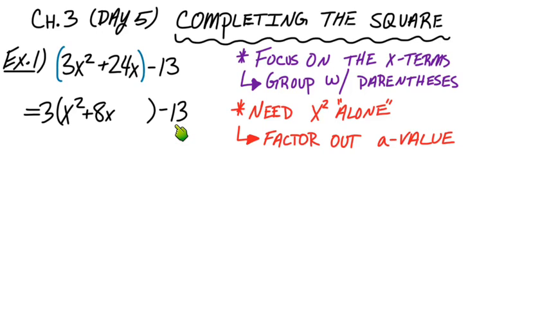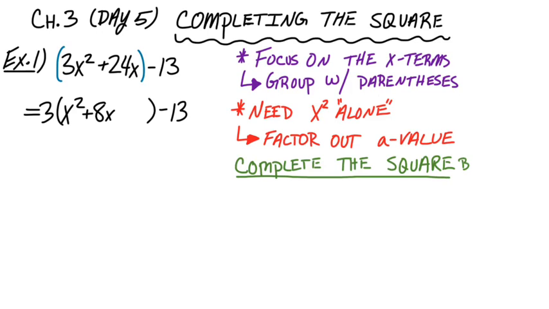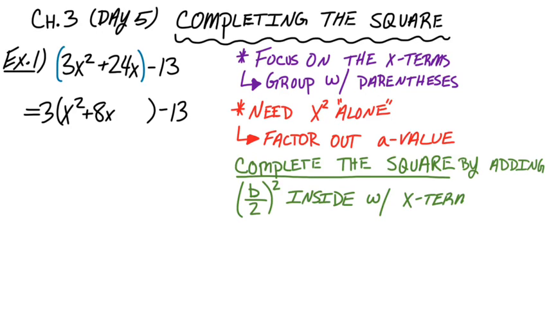Now here's the trick. Here's the whole deal for completing the square. Notice I left some room in here, because I'm going to add something in. So the trick for completing the square is adding b over 2 squared inside there with the x terms. And b would be like this 8 right here.